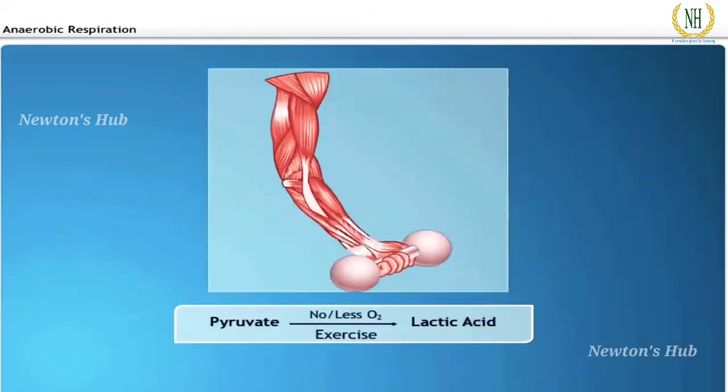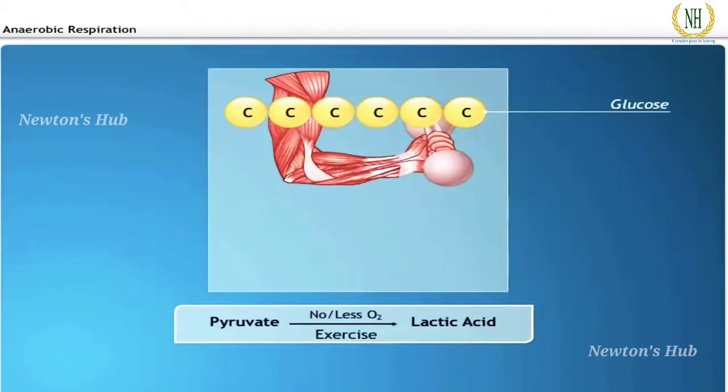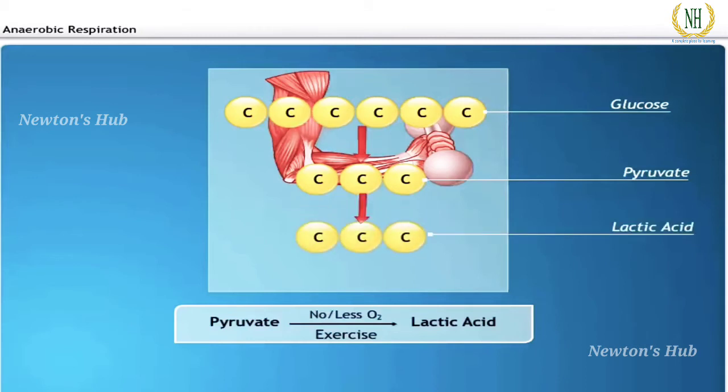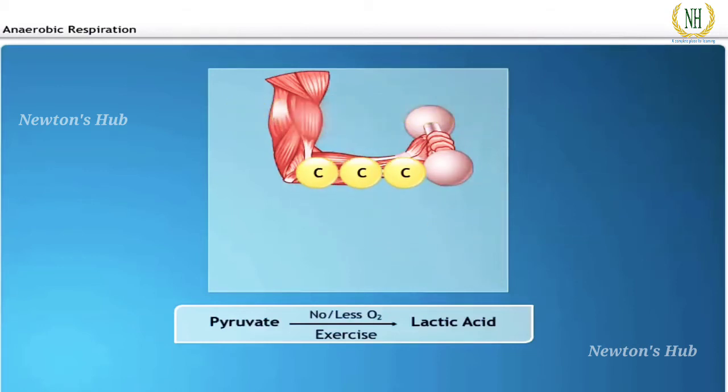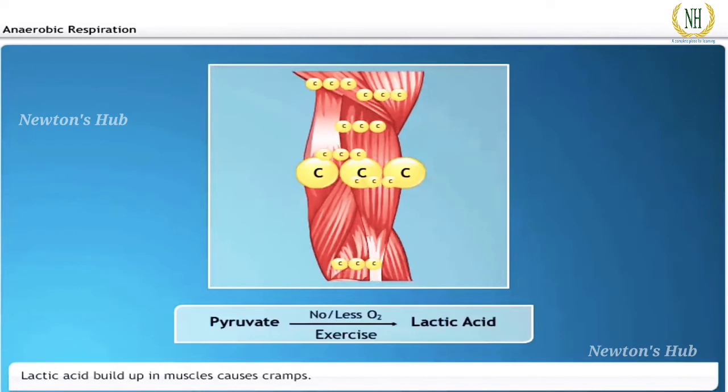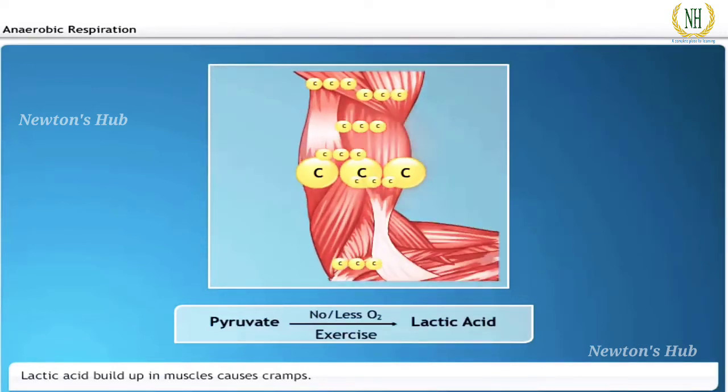Sometimes, our muscle cells may not have enough oxygen. In this case, the pyruvate molecules are broken down in the anaerobic process. Pyruvate molecules get converted into lactic acid, which is also a 3-carbon molecule. This lactic acid builds up in our muscle cells and causes cramps.